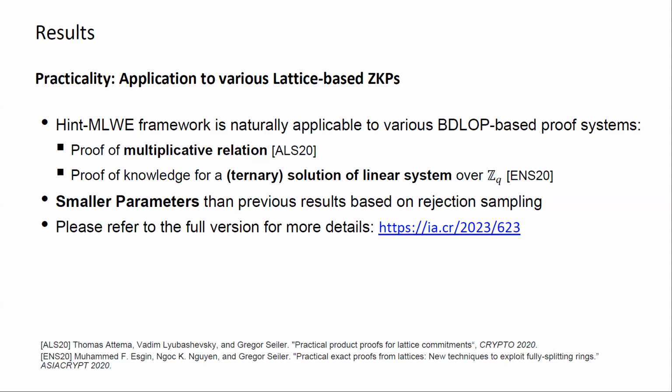From the rigorous analysis of the parameter selection, we proved that we can choose smaller dimension-related parameters than the previous results based on rejection sampling. We didn't include the whole proofs in our published version, so if you're interested in the proof details, please refer to the full version of the paper.